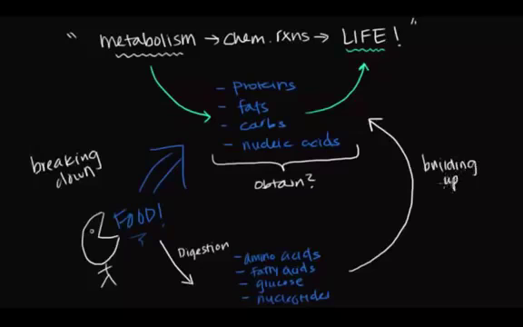So essentially, you can see all of these subunits or monomers as Lego pieces that we're essentially reconstructing to build the right configurations of proteins, fats, carbs, and nucleic acids that our body needs.